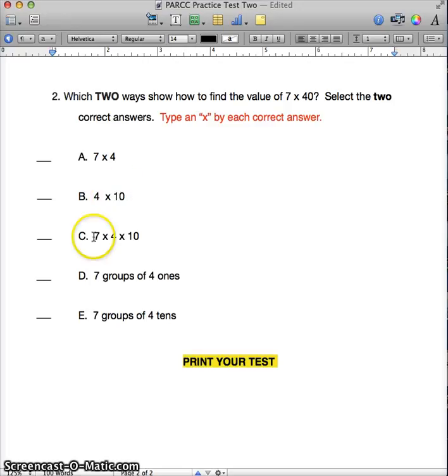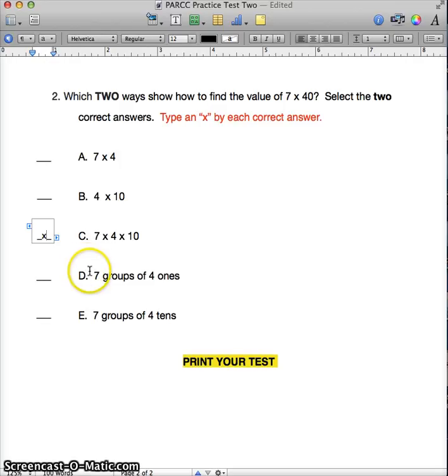Those two aren't equal. How about this guy? It just breaks it down. 7 times 40 is the same as 7 times 4 times 10. Yeah, that works, because 40 is 4 times 10. I'm imagining parentheses around the 4 times 10. So this one's definitely going to work. X it up.